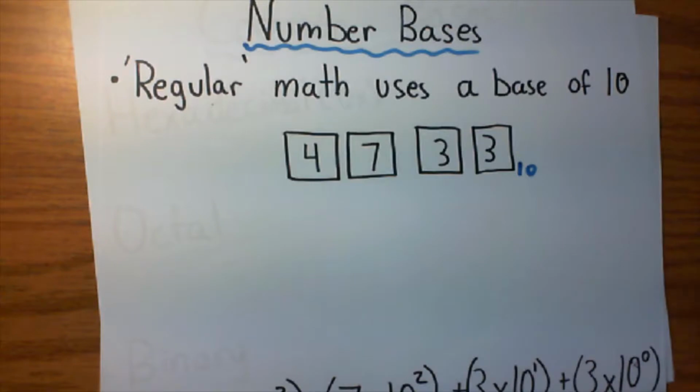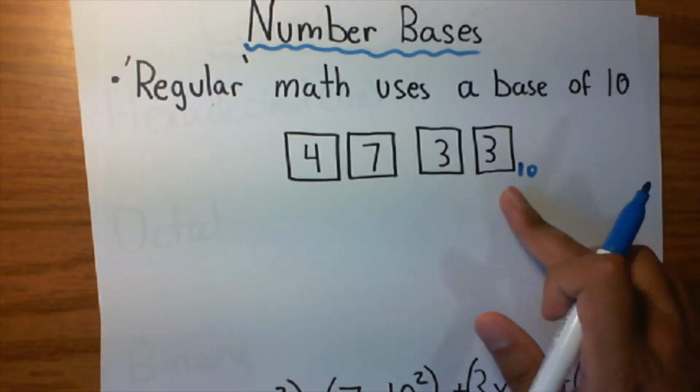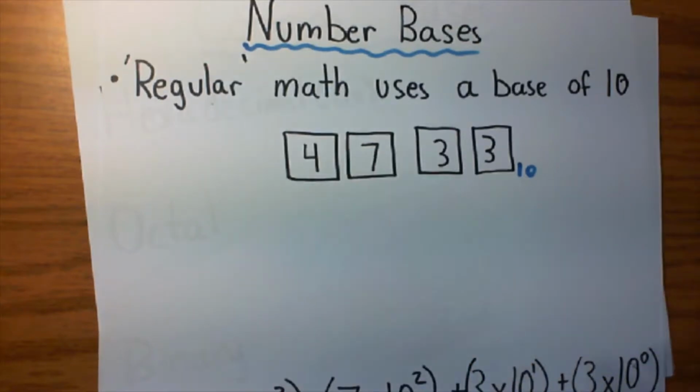Later on, we'll mainly be working in binary, so we usually won't need to write a distinct number there, because you'll just assume that it's in binary. But for now, just to get a feel for what I'm talking about, this is the ones place, tens place, hundreds place, and thousands place.